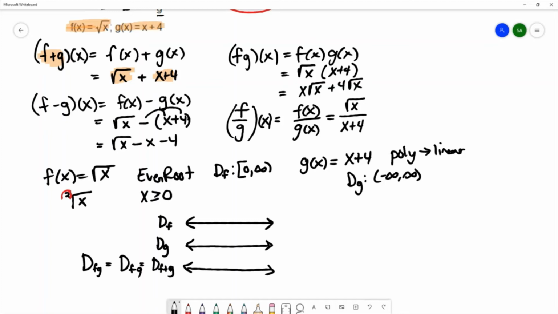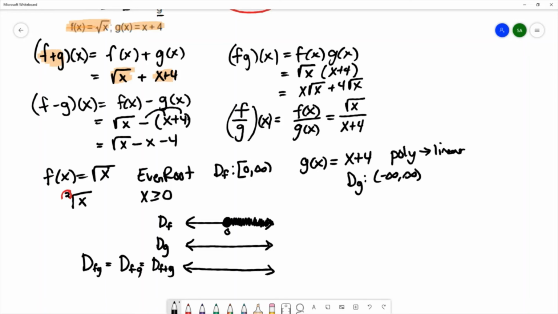So for the domain of f, I'm going to mark out the 0 on there. I would put a closed circle because 0 is included, and shade to the right of 0. So the domain of f are only the numbers from 0 to infinity, including 0.